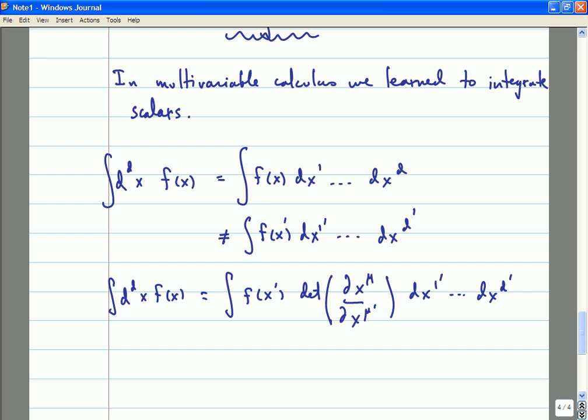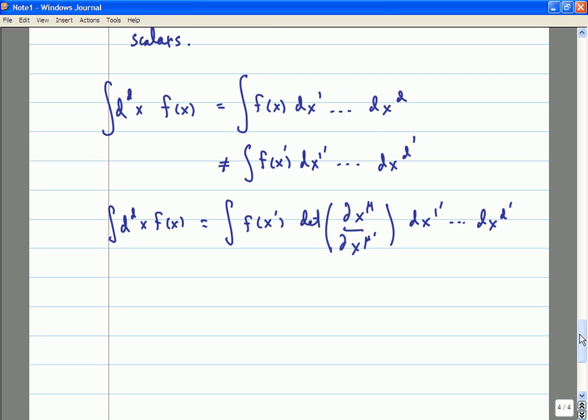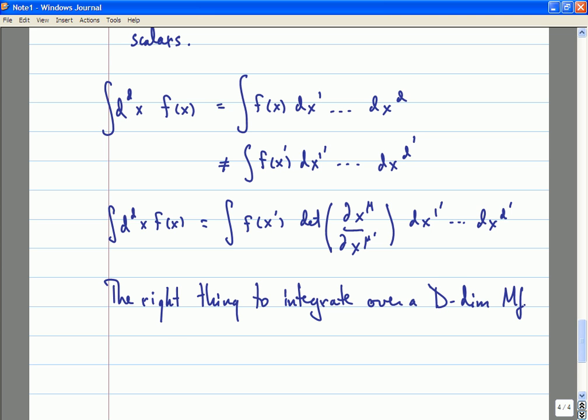In particular, what the slide is telling you is that the right thing to integrate over a d-dimensional manifold is a d-form, not a scalar.